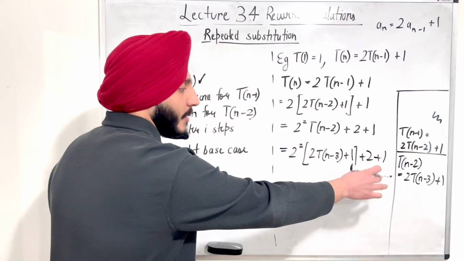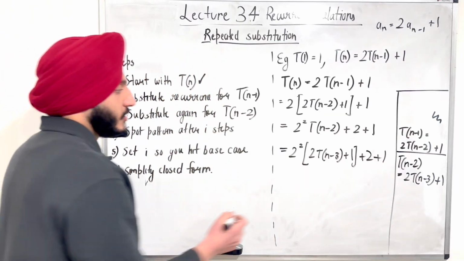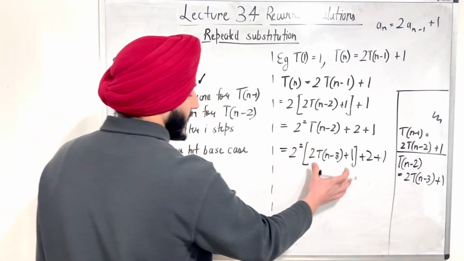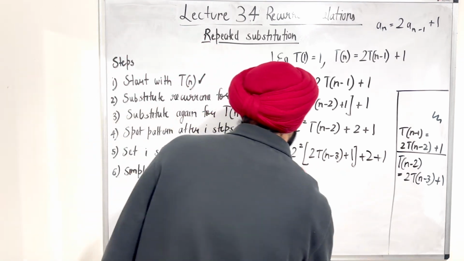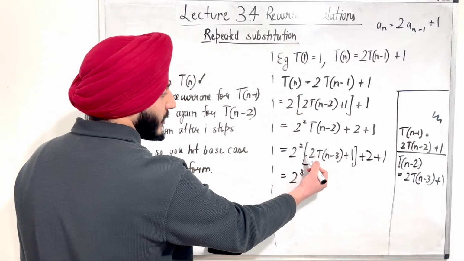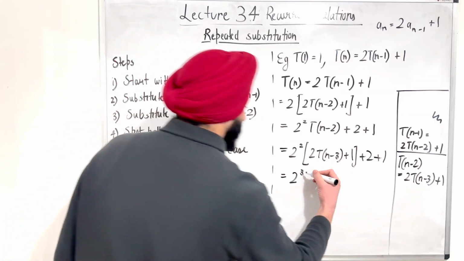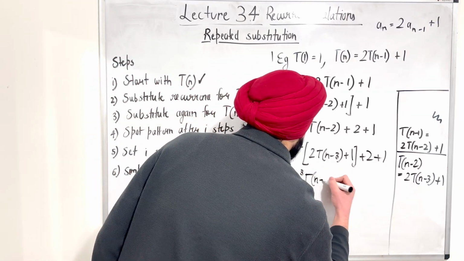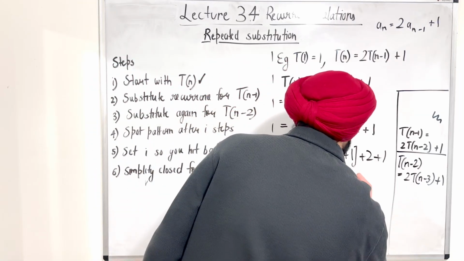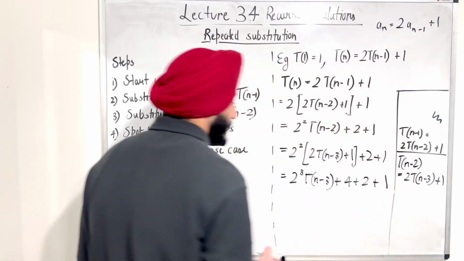Now I'll try to explain why I'm not adding these numbers right now, but that will make sense pretty soon. Once again, I have 2 squared, and in the brackets I have this equation. I get 2 to the power of 3, because if you multiply this 2 squared by this term, this will give you 2 to the power of 3 multiplied by Tn minus 3 plus 4 plus 2 plus 1.